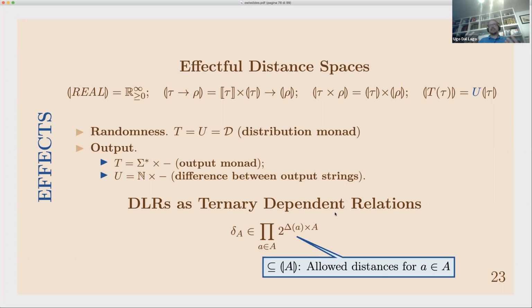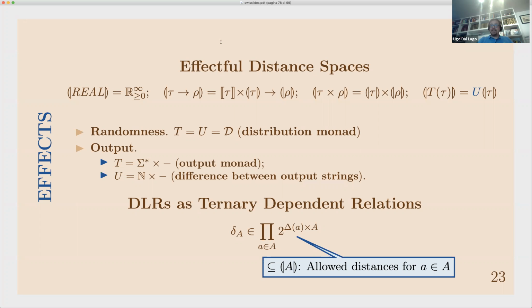And what is interesting is that the difference between two computations exhibiting non-deterministic effects is, let's say, a power set on differences. So it's a set of differences.